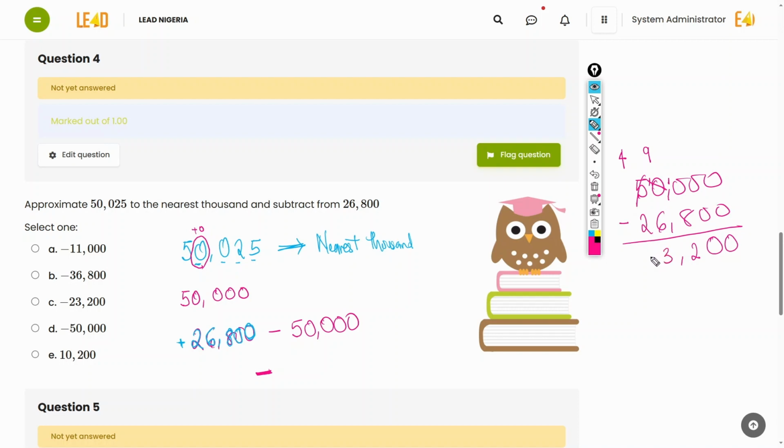And 4 minus 2 is 2. So the bad guys would win by 23,200. The answer is negative 23,200. That's option C.